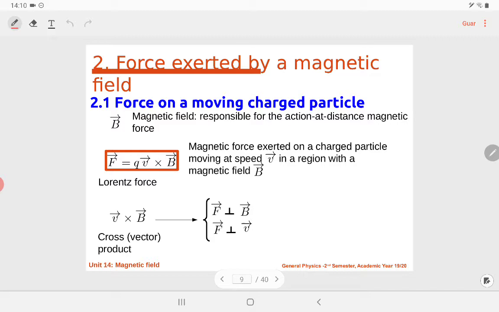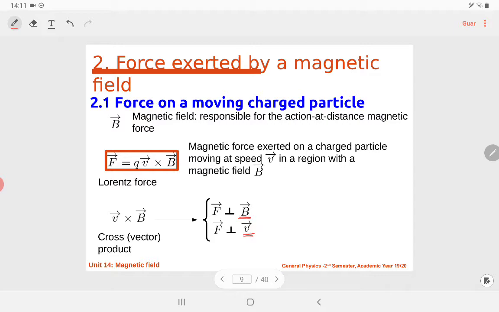The force has to be perpendicular to the magnetic field and also perpendicular to the velocity of the charge, which is quite different from the electric field and the electric force, and makes things a little bit more complicated. So you need to remember now how to work with the cross or vector product. You have to go to your notes and try to remember.